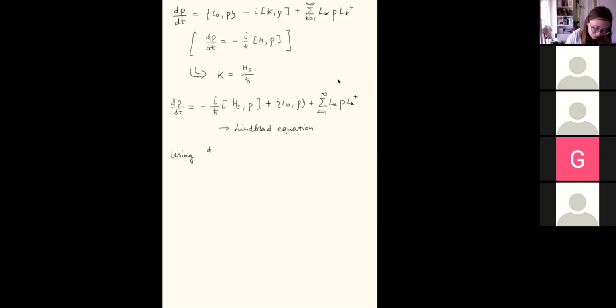Because the trace of the density matrix is always 1, the derivative of the trace of rho is 0. So using the fact that d by dt of trace rho equals 0, just add trace everywhere. One can find how L0 is connected to all other operators LK. It turns out that L0 equals minus 1 half sum LK dagger LK.